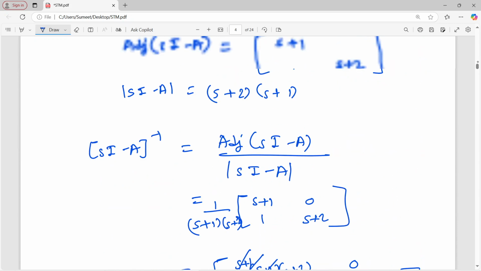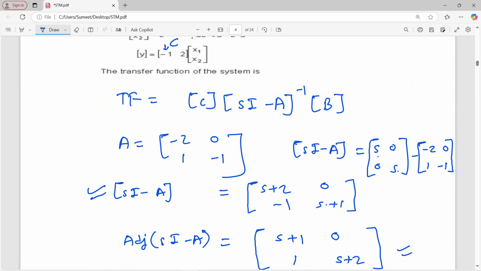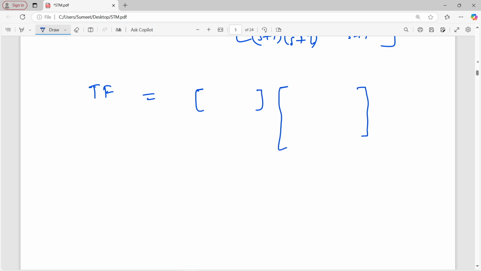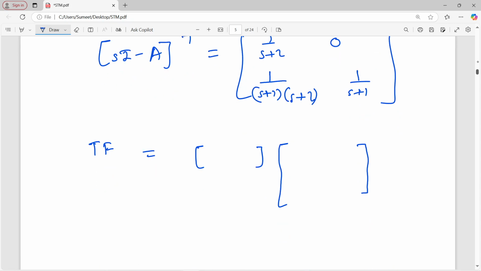Now use the formula of the transfer function, which is C into sI minus A inverse matrix into B matrix. Put the values. So the transfer function equals, I will put the values of C matrix, then the sI minus A inverse matrix: 1 upon s plus 2, 0, 1 upon (s+1)(s+2), and 1 upon s plus 1, into B matrix.